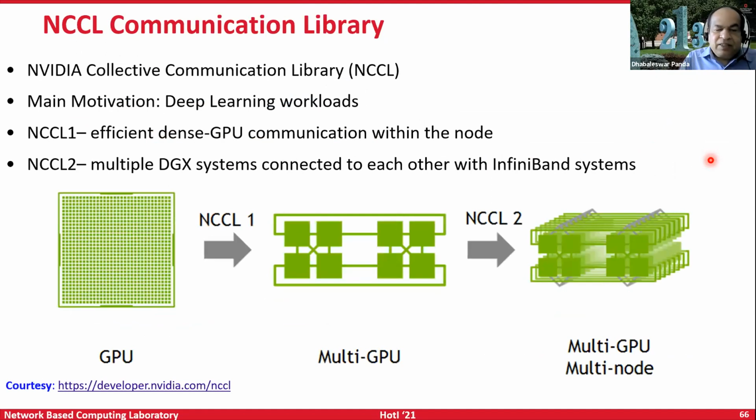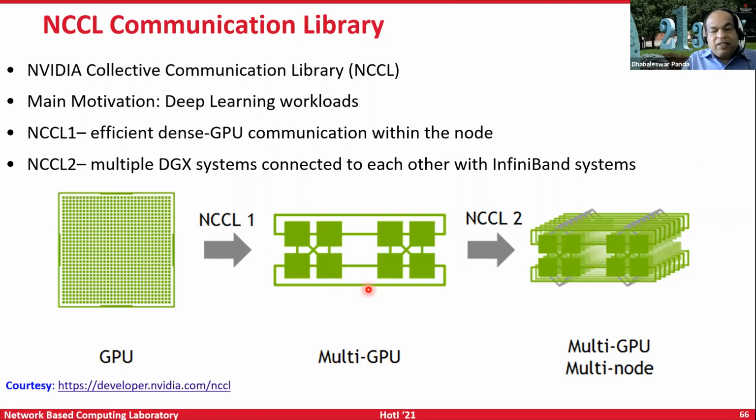Now, while these kind of things are going on, NVIDIA also has introduced the NCCL communication library, NVIDIA Collective Communication Library. Again, the motivation was also for deep learning. In the beginning, they had only NCCL 1, that is within a node with multiple GPUs, but now it has gone across nodes with NCCL 2. So that is also a very common communication library, which is being used in the machine learning, deep learning world.